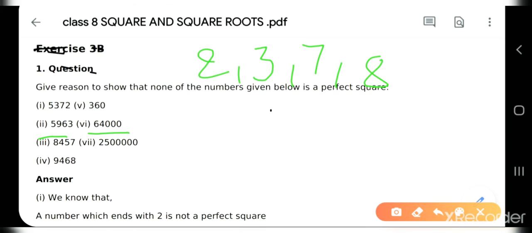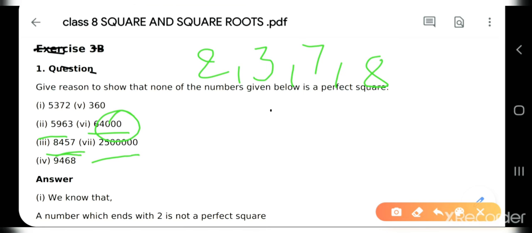Next, for question number 6, you can write that as we know, a number ending in an odd number of zeros is not a perfect square, and it contains three zeros at its end, so it is not a perfect square. For this you can write that as we know, numbers ending in 7 are not perfect squares, so the given number is not a perfect square.